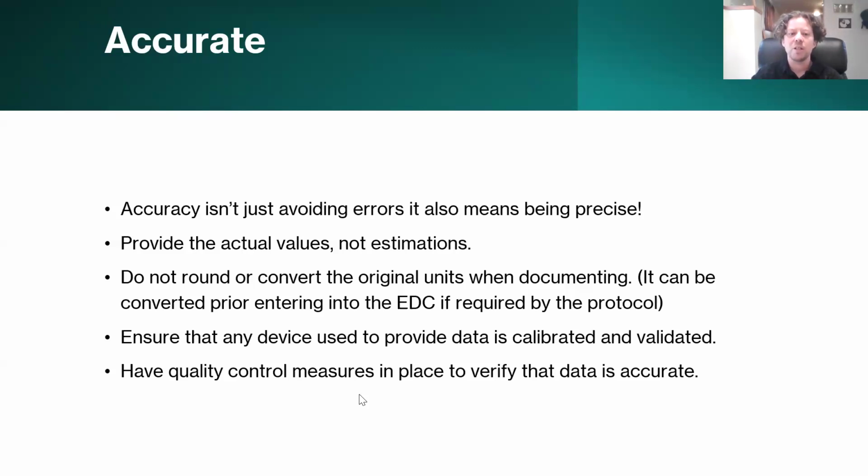You can convert units prior to entering into an EDC if that's required by the protocol, but make sure that those original source documents do have the original units that the measurement was taken in. Ensure that any device used to provide data is both calibrated and validated, and have quality control measures in place to verify data accuracy. So that's where, say, your trial monitoring comes into play.